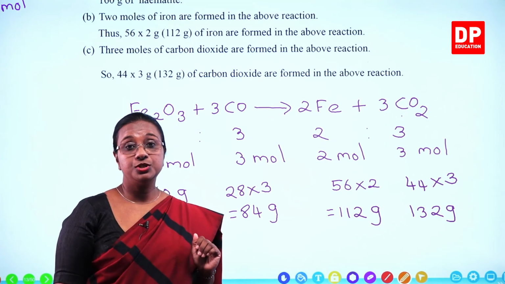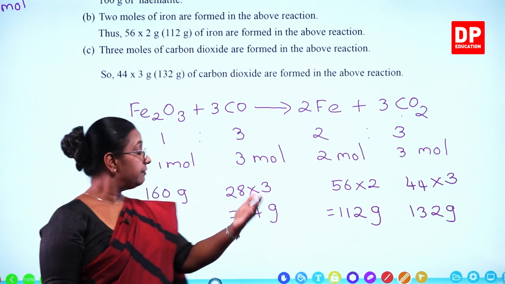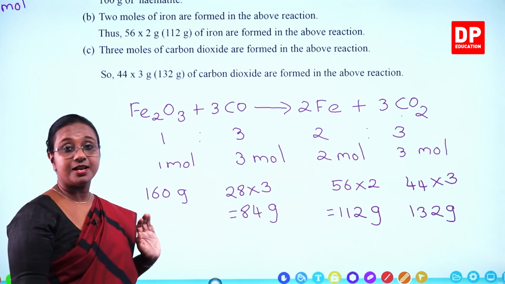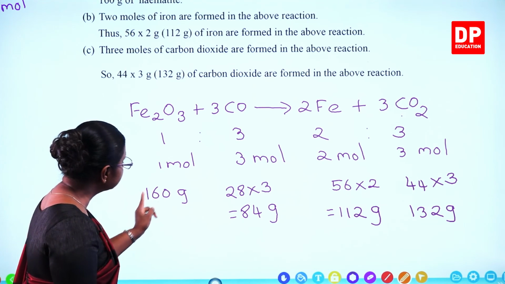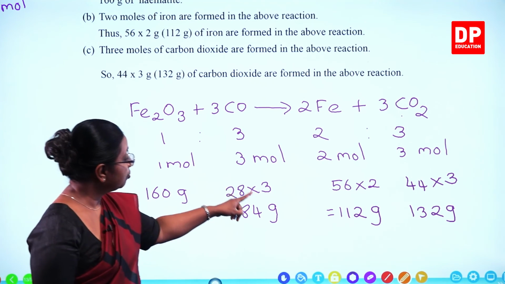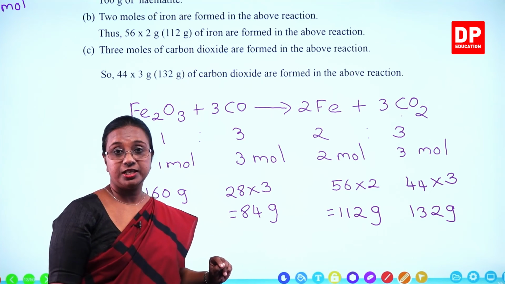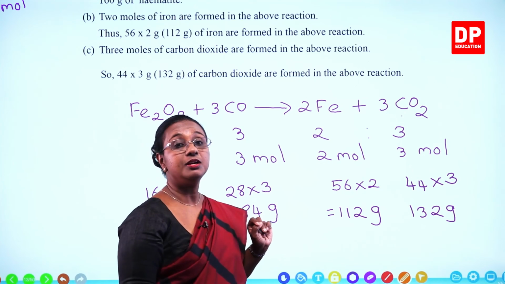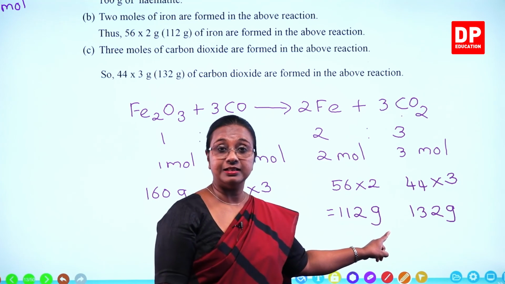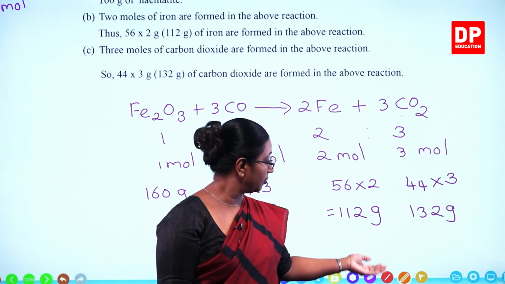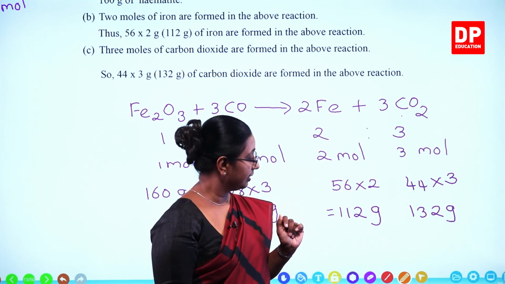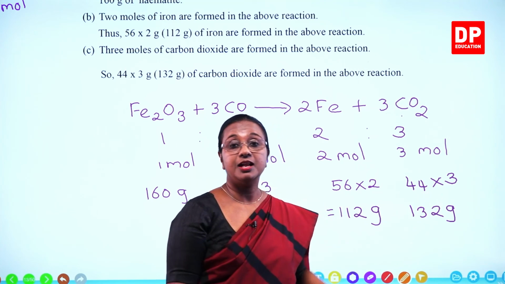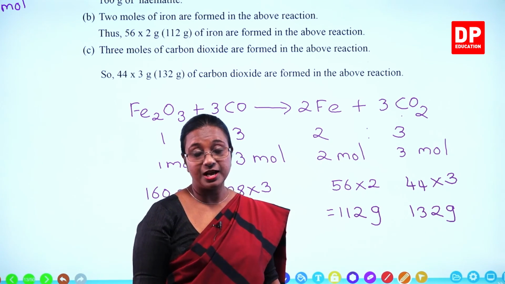As I told you all before, if you get 1600 grams, you can see it's 10 times more. You will need 840 grams, again 10 times more. You will get 1120 grams, again 10 times more. And here you will get 1320 grams of carbon dioxide.